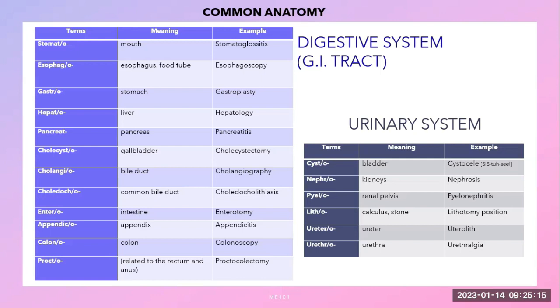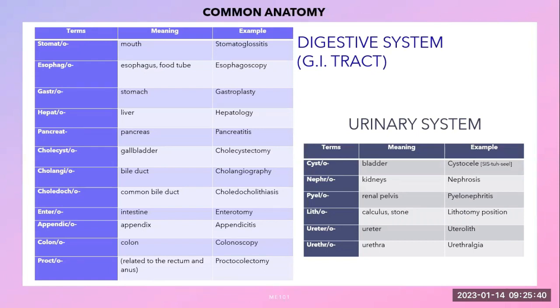Teacher, yes. The ureter is a duct leading from the kidney to the bladder. Yes. And the urethra is a tube that carries urine from the bladder outside the body.